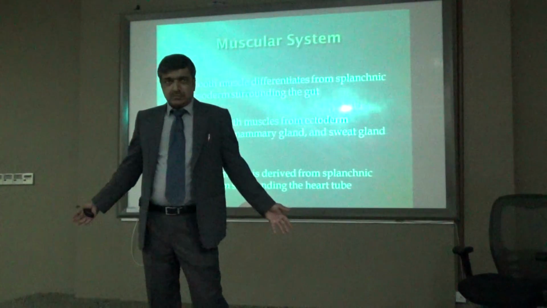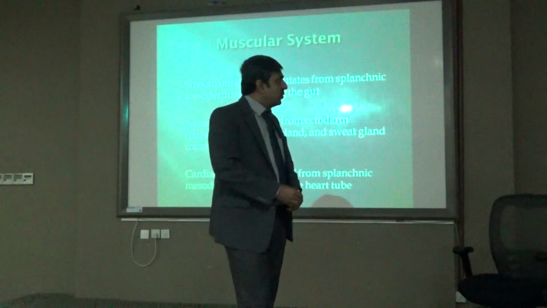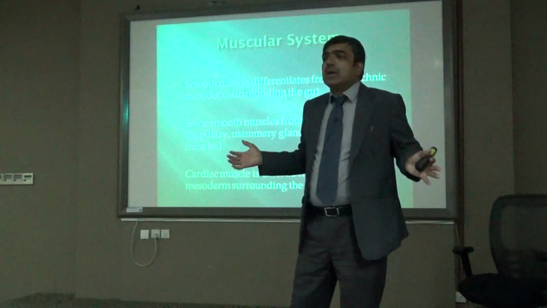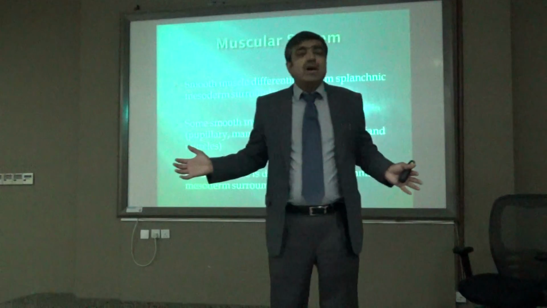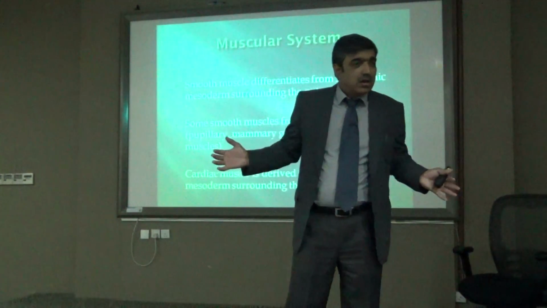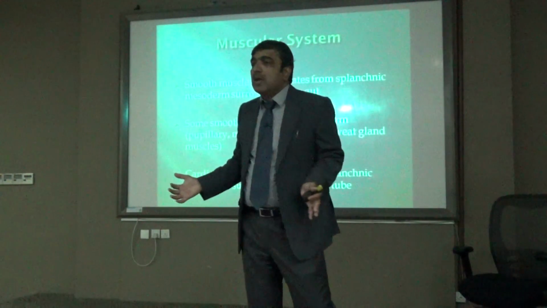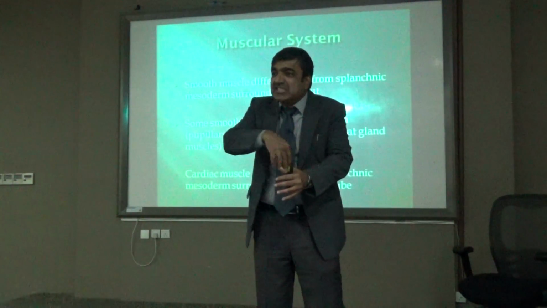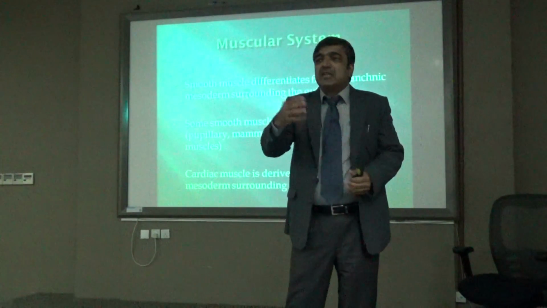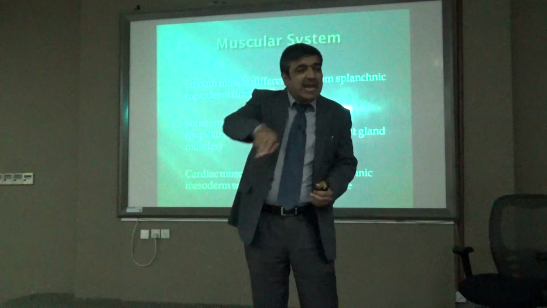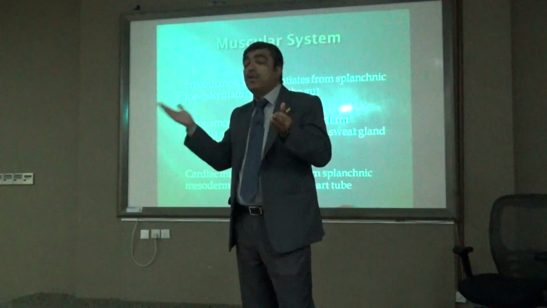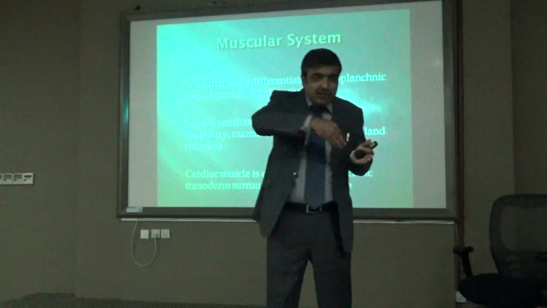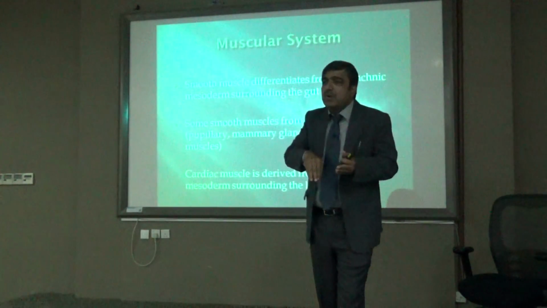Actually, at some stage in human development, the endoderm portion of the embryo is inside the body. For example, the GI tract. The inside of the GI tract is derived from endoderm.